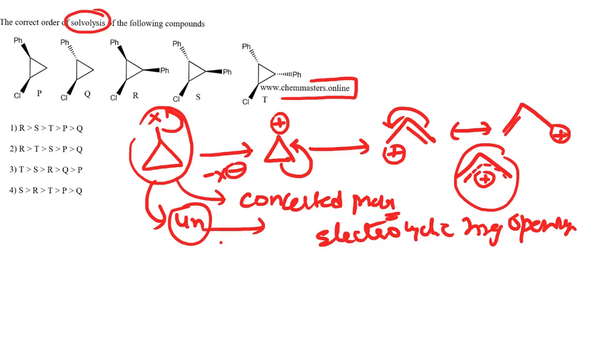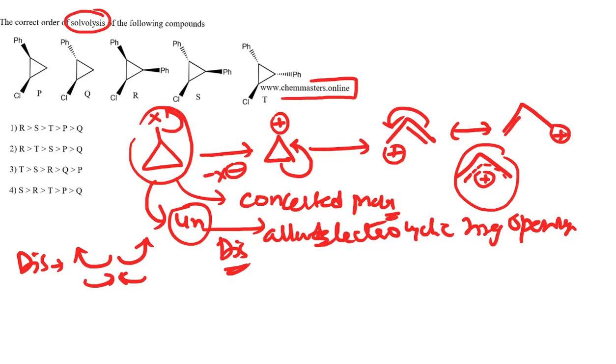For that, disrotation is the allowed one. Now what is disrotation? Here we can represent opposite movement of orbitals in bond making or bond breaking, simply considered as disrotation.